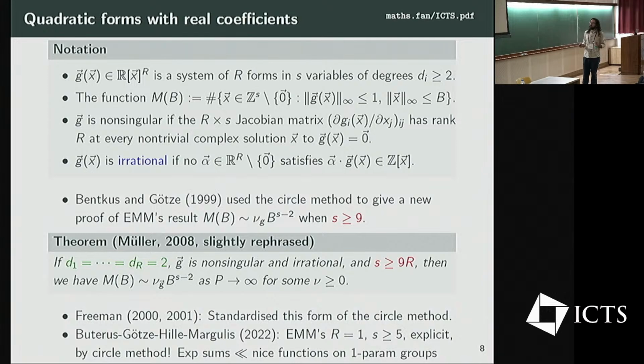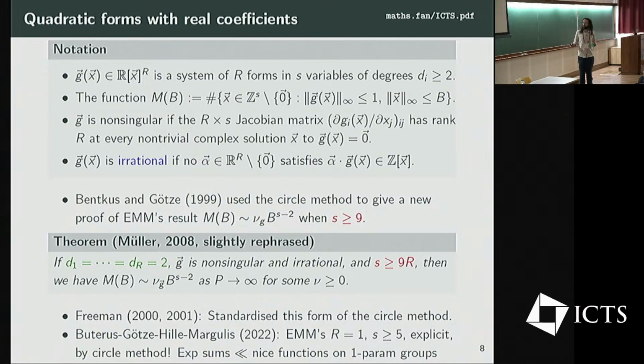In particular, this asymptotic, you don't expect it to hold without this condition. So if you have this necessary irrationality condition and you have a non-singular, so geometrically nice, collection of quadratic forms in at least 9R variables, then you get the expected asymptotic.